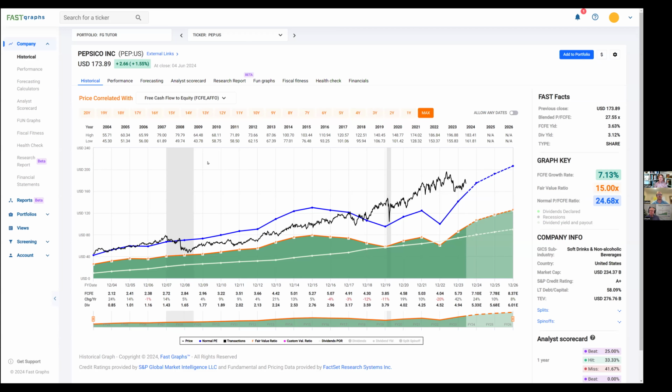And really getting a quantitative sense of what the fundamentals look like. Certainly you want to form your own qualitative opinion of a company. How do they make money? What's their competitive positioning? But sometimes we can have an idea of a company, positive or negative, that isn't borne out by the facts, by the data. And so that's quickly summarized here.